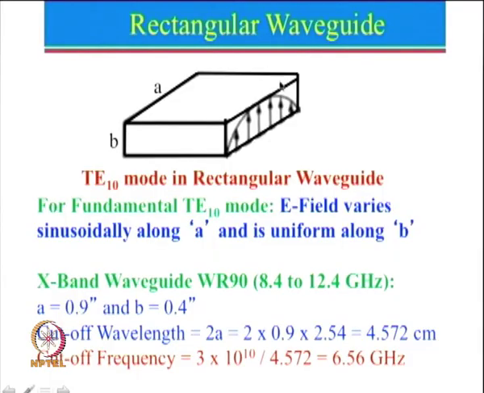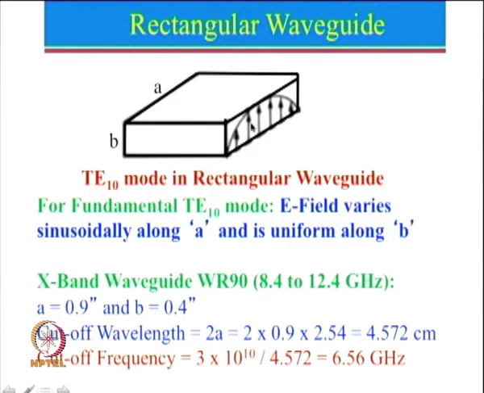Most of the time we operate these horn antennas in the fundamental mode, and for a rectangular waveguide the field distribution is sinusoidal along the length A and uniform along B. When we flare in this direction, as we keep increasing the value of B1, phase error increases and directivity decreases.